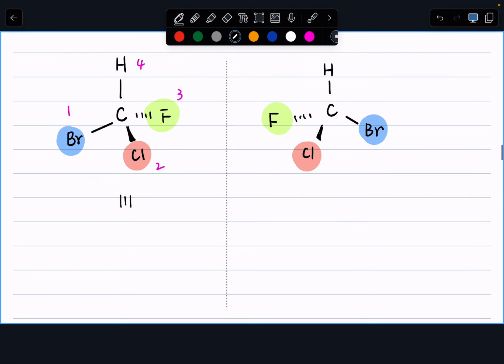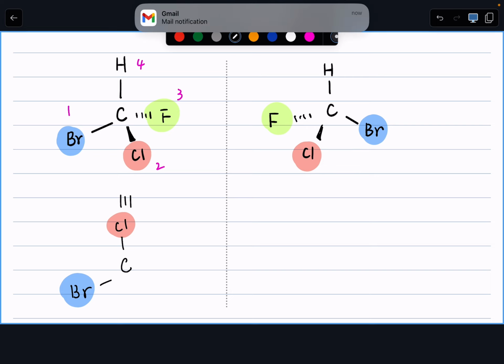Right, so if I define my plane as carbon, and then you have a chlorine on the top, and then a bromine, unchanged. And then you have here your green one, which is your fluorine wedged out.